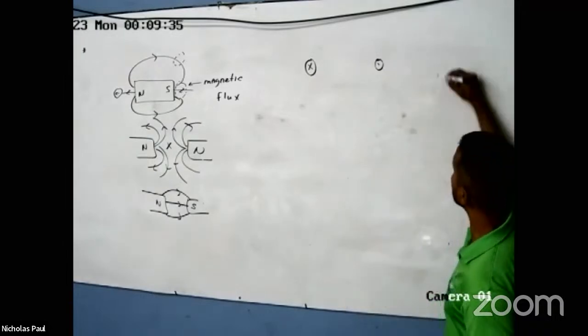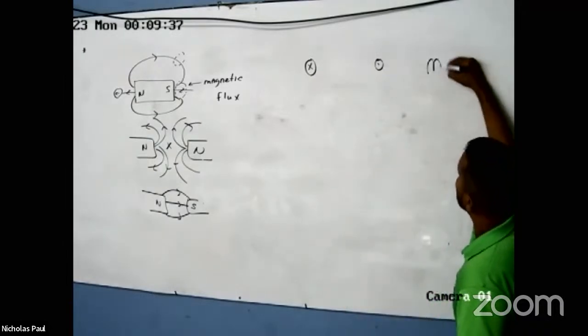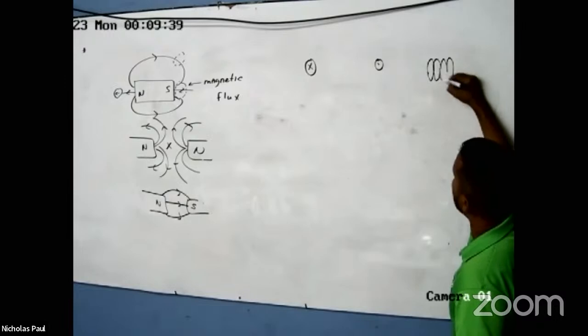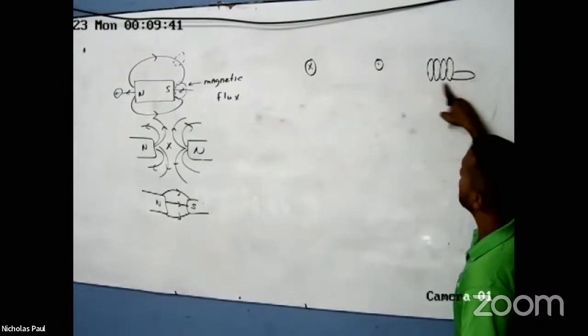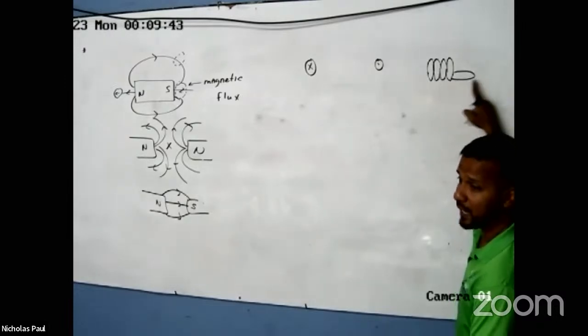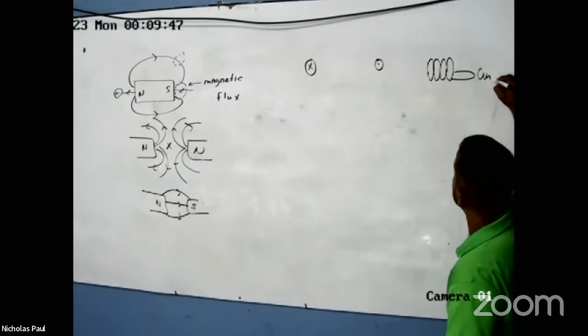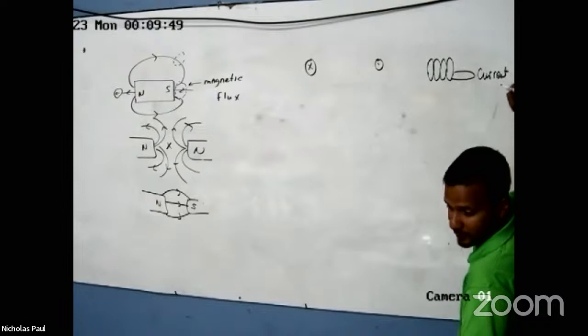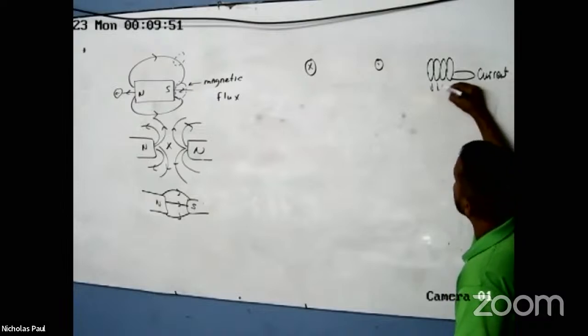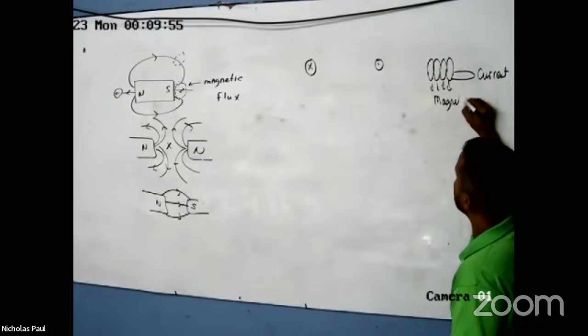The right-hand rule is: your fingers point in the direction of the magnetic field, and your thumb points in the direction of the current. So your thumb is current, and your fingers point in the direction of the magnetic field.